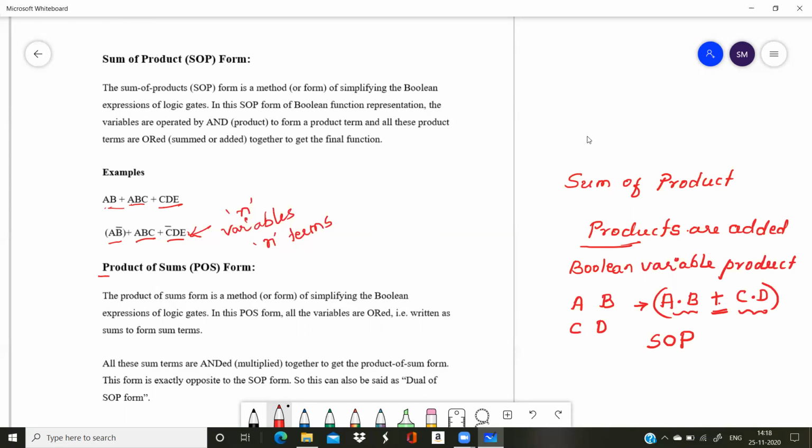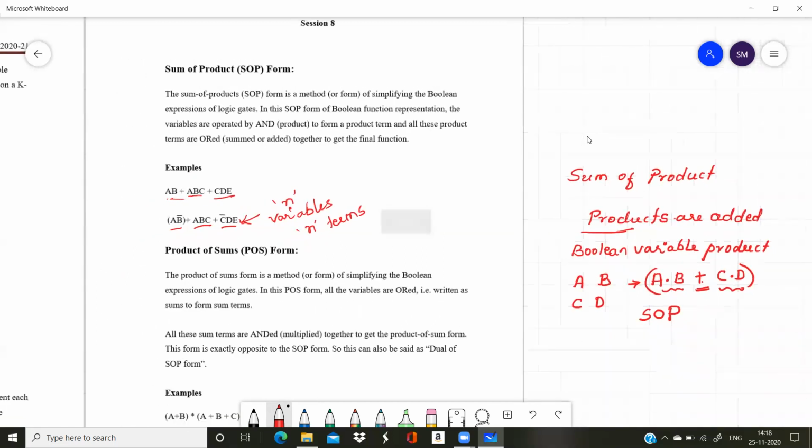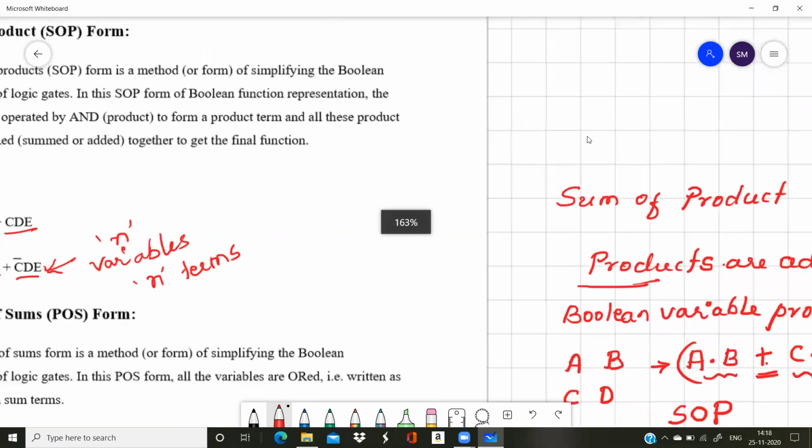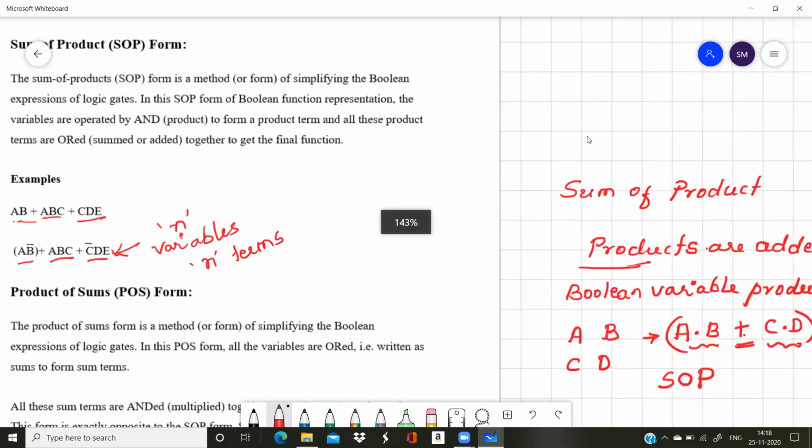The next form is product of sums form. How to write this product of sums form? Let us see.